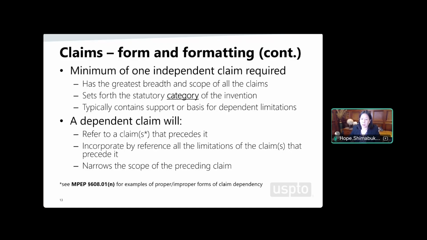So now moving on. Claims are actually written in independent or dependent form. And if necessary, you can add dependent claims to further limit your independent claim. A dependent claim refers back to the independent claim and incorporates everything by reference that was written in the actual independent claim.